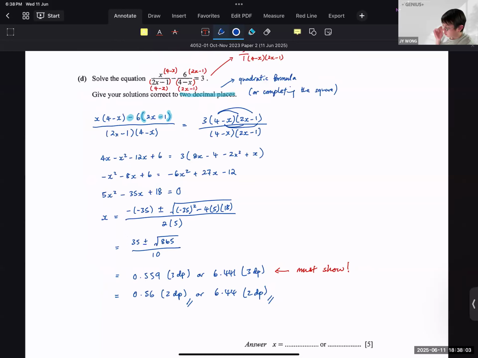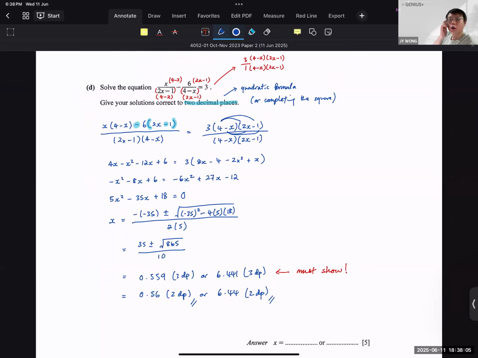So for 5 marks, actually quite a straightforward question. 2 marks go to forming the quadratic equation, 3 marks for solving it. Or the other way around, I can't remember. Okay, quite straightforward.